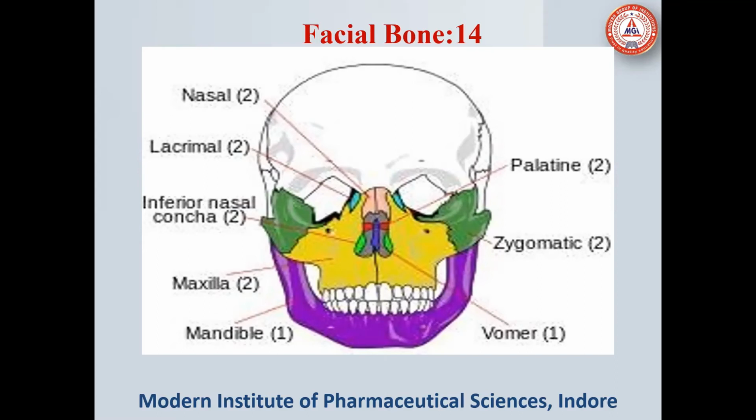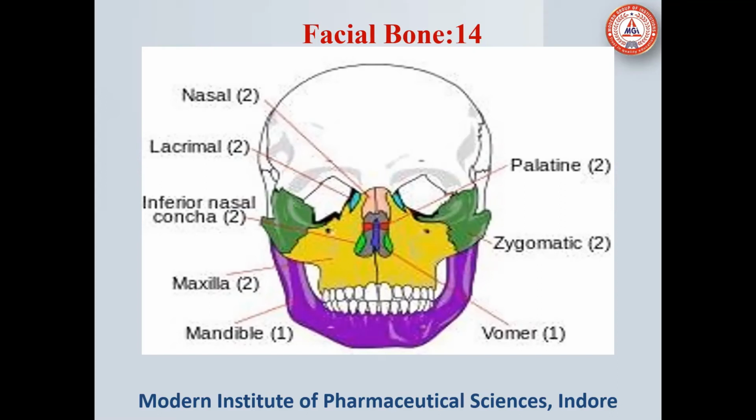The next bone is the inferior nasal concha. Each concha is a scroll-shaped bone which forms part of the lateral wall of the nasal cavity and projects into it below the middle concha.